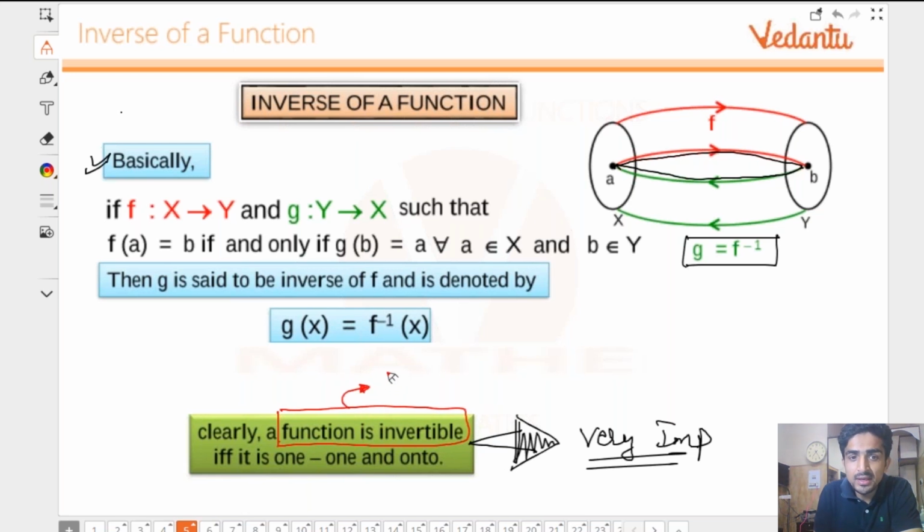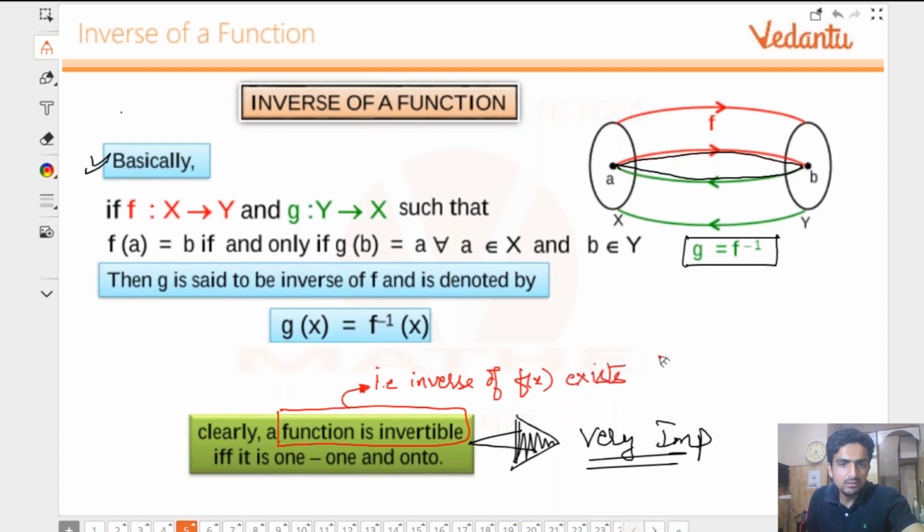Function is invertible means f inverse x exists. That is the meaning of invertible. Invertible means inverse exists. Let me write it in English. That is, inverse of f(x) exists.